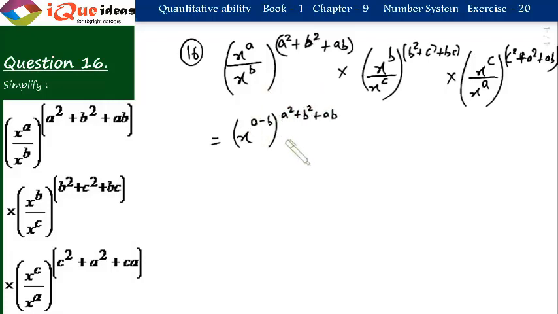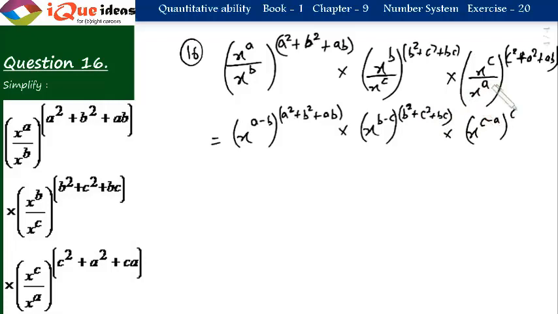Then we have x raised to the power b minus c whole to the power b square plus c square plus bc, multiplied by x raised to the power c minus a whole to the power c square plus a square plus, this last one was ac. One second, here the last one was ac. Okay, so c square plus a square plus ac.